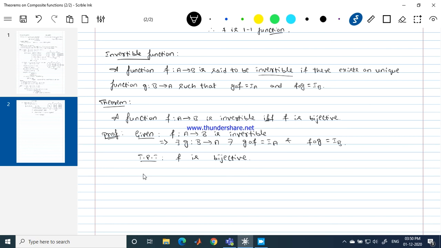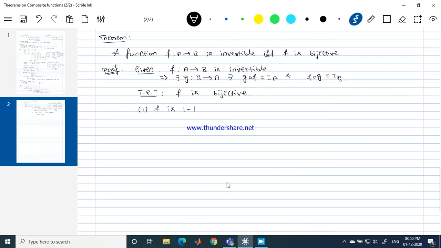For this, first we need to show the function is 1 to 1. F is 1 to 1. Okay, to show the function is 1 to 1, what am I supposed to do? For x1, x2 belonging to A, consider F of x1 equal to F of x2.